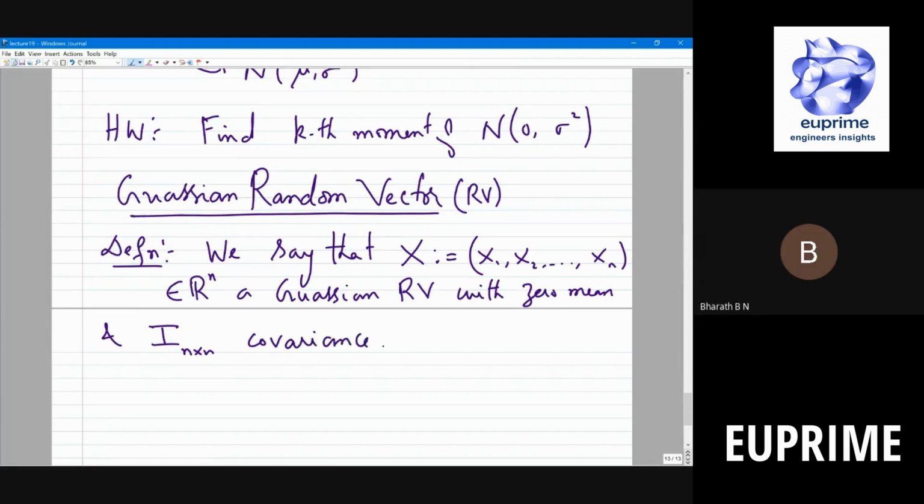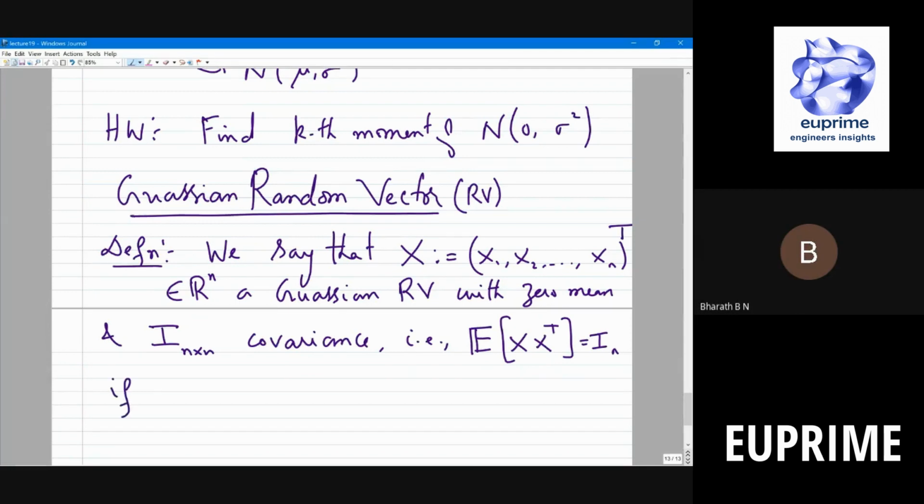That is, the expected value of x is zero, a column vector, and the expected value of x times x transpose is the identity.